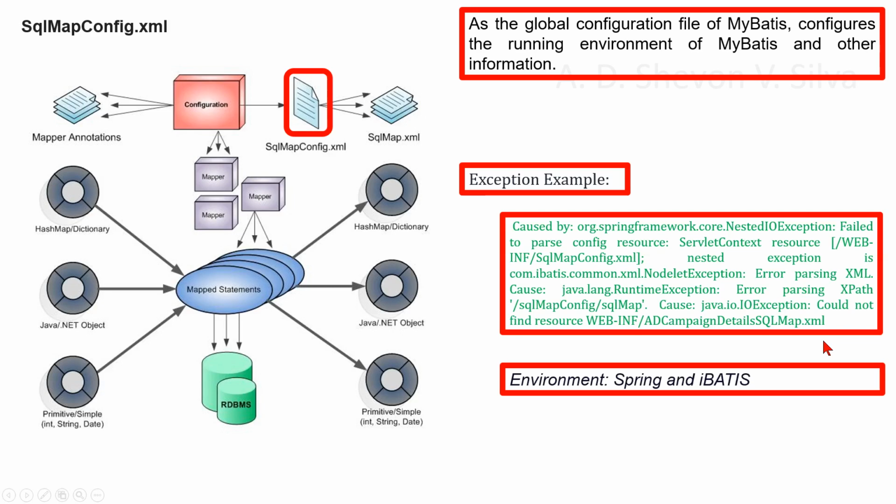Cause: java.lang.RuntimeException: Error parsing XPath /SqlMapConfig/SqlMap. Cause: java.io.IOException: Could not find resource WEB-INF/ad campaign details SqlMap.xml. This error occurred in a Spring and MyBatis environment.